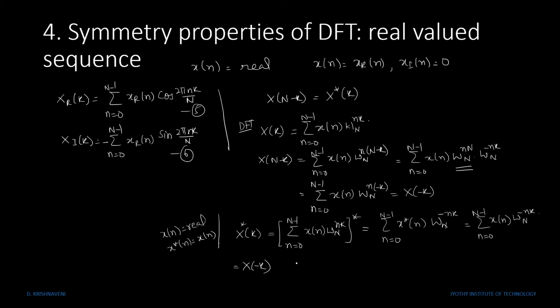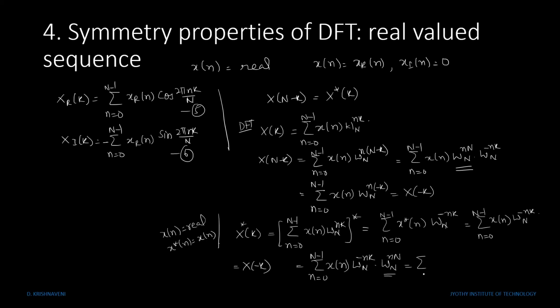Now here what I can do is that, summation n is equal to 0 to N minus 1 x of n W_N to the power of minus nk into W_N to the power of capital N. So if I multiply with W_N to the power of capital N, it does not change the value because this is equal to 1.